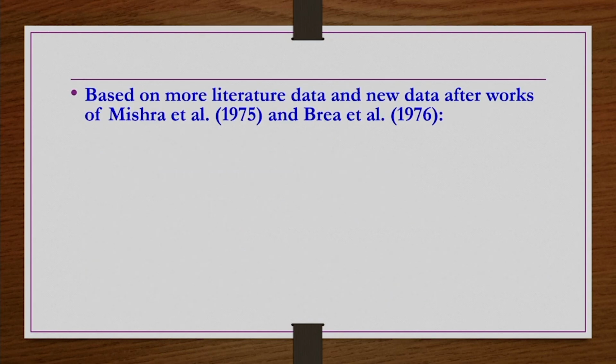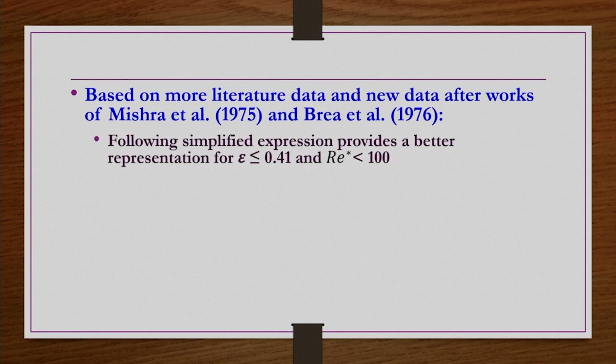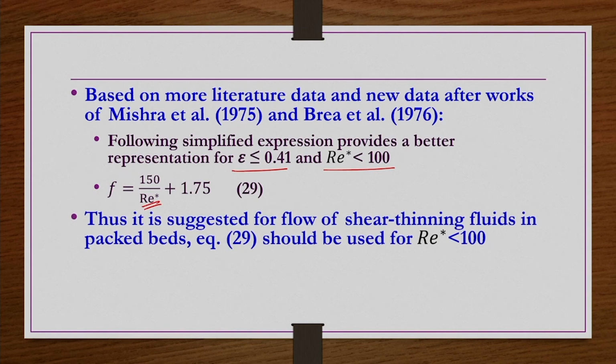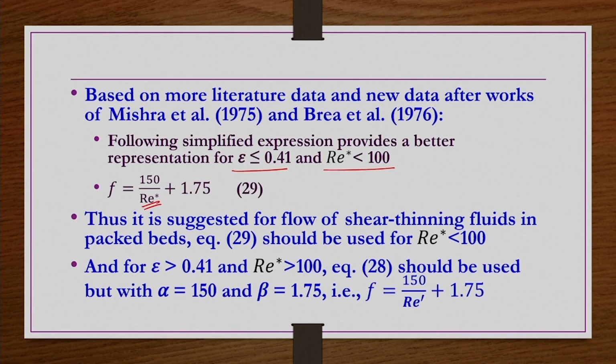Based on more literature and new data after the works of Mishra et al. and Bray et al., people found when epsilon is less than 0.41 and Re star is less than 100, it is better to use f equals 150 by Re star plus 1.75, whereas if Re star is greater than 100 and epsilon is greater than 0.41, it is better to use f equals 150 by Re prime plus 1.75.